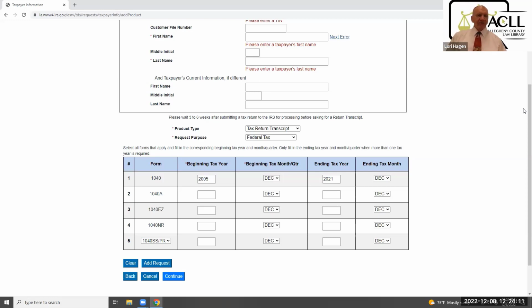There's a certain set of things that you can do with them, but if you don't have all of the information, because when you file an offer in compromise, you have to have every tax that they owe. If it's 1040 tax, you have to have all the taxes. If it's a corporate tax, you have to go all the way back and find out their complete account balances.